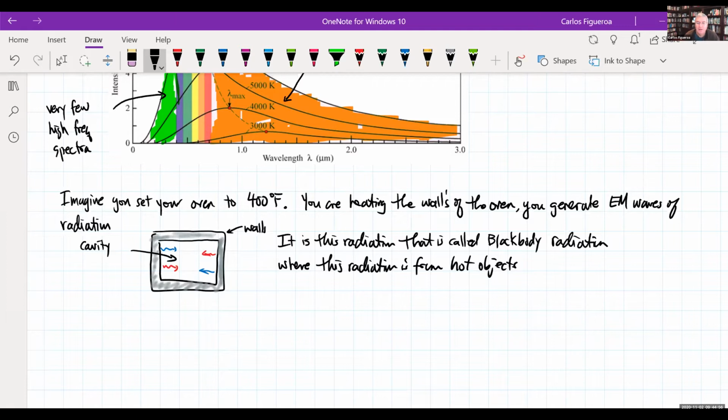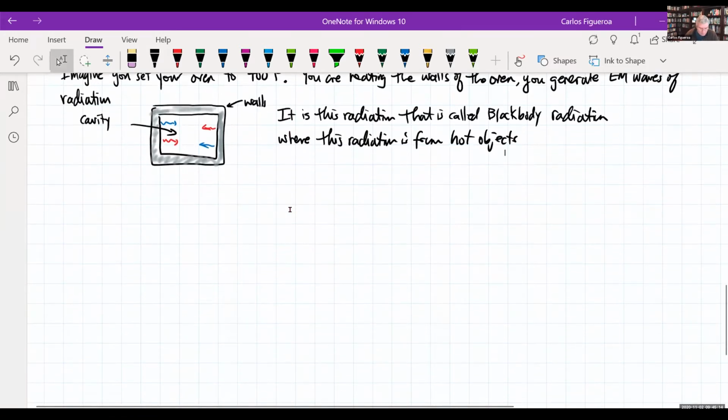So if you heat up a hot poker, if you look at the sun, if you look at a toaster oven or an electric heater, what you're finding here is that this is what this black body radiation curve looks like. Okay, so when I'm looking at this black body radiation curve, you could imagine that you do this thing here.